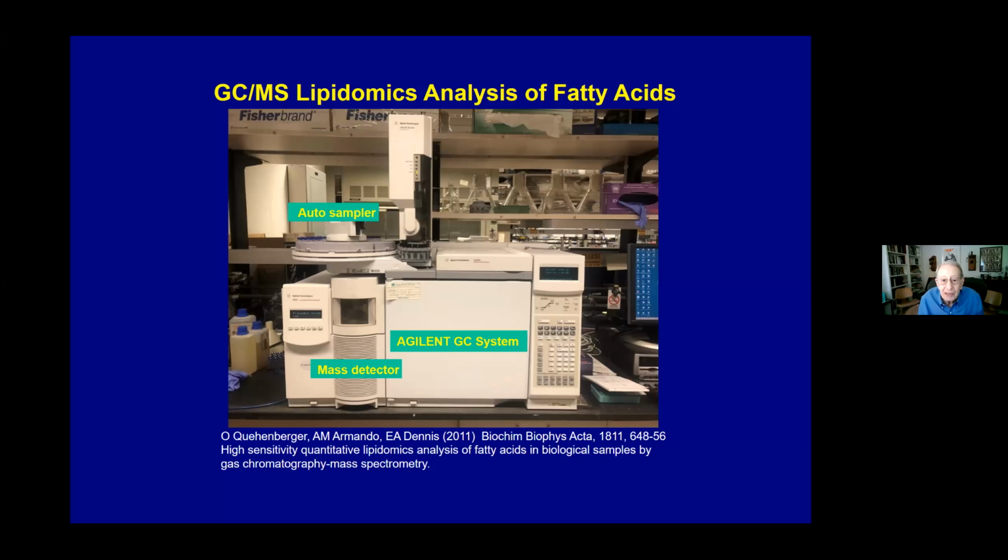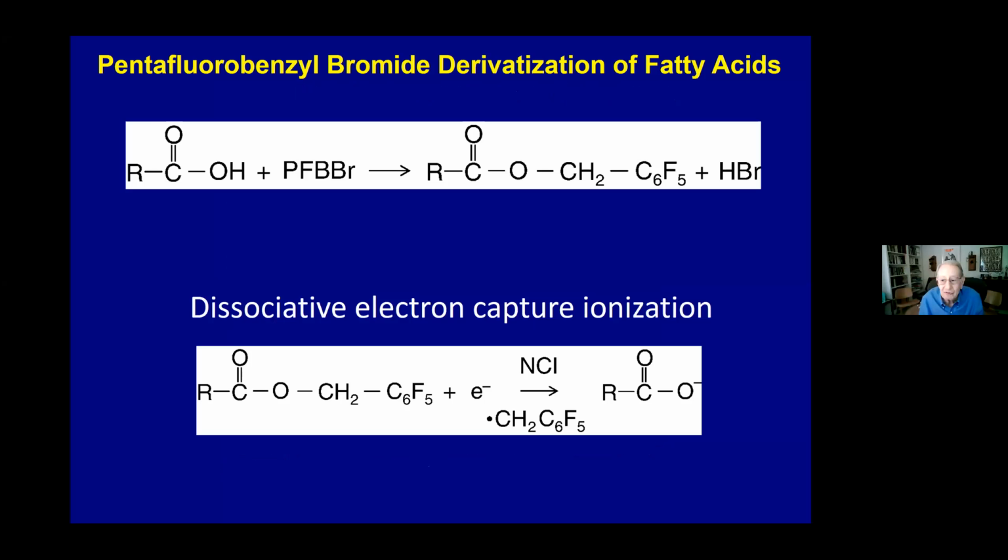Now, the disadvantage of GC, as was noted by previous speakers today, is that you must have your analyte in a form that it can pass through the column in the gas phase. And fatty acids with a carboxyl group cannot. So one has to derivatize fatty acids.